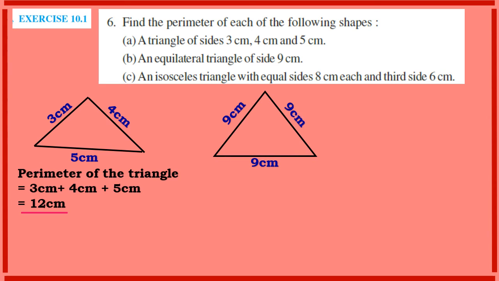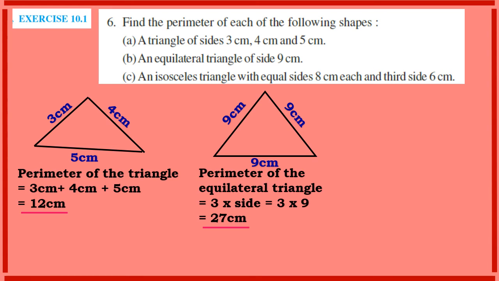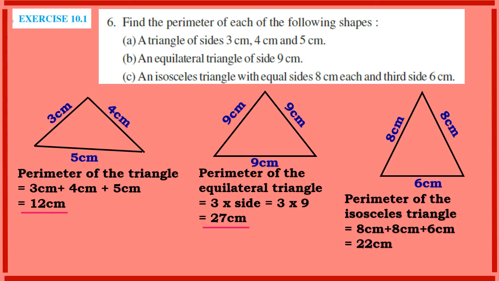So instead of doing 9 plus 9 plus 9, if all the sides are equal, what you have to do? 3 into side, 3 into 9, so 27 centimeter. Next, an isosceles triangle. Isosceles triangle means two sides are equal. So the equal sides are 8 centimeter, third side 6 centimeter. So 8 plus 8 plus 6. So the perimeter is 22 centimeter.